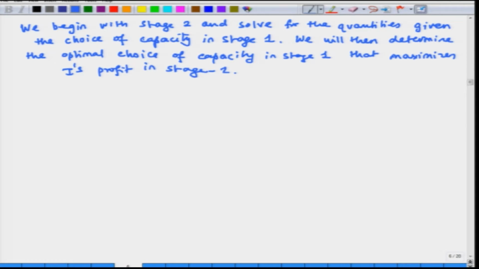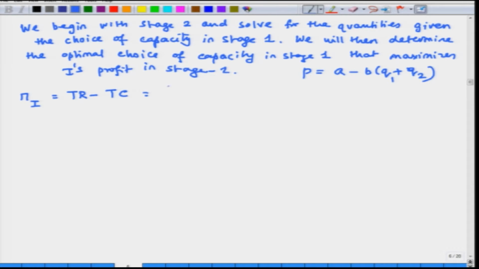Now, let us write down the incumbent's profit. The incumbent's profit is the total revenue minus the total cost, where revenue is the price times quantity. The goods are identical, so we will treat the inverse demand curve to be P equals A minus B times (Q1 plus Q2). We will use I and 1 analogously, and 2 and E analogously.